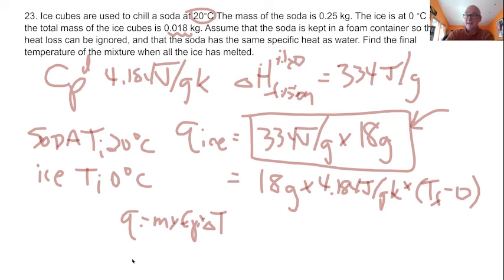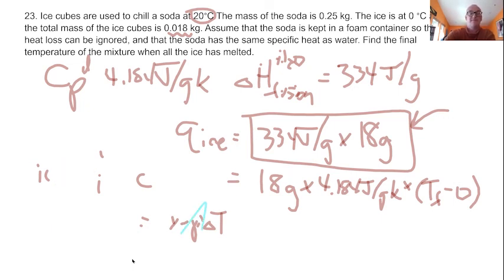Now, that is the Q of the ice. What is that going to be equal and opposite to? The Q of the soda. That's right, exactly. So Q ice is going to be equal to minus Q soda. And Q soda is what?